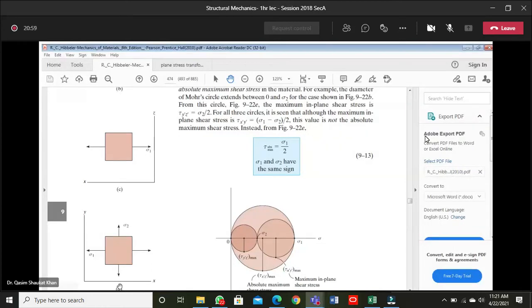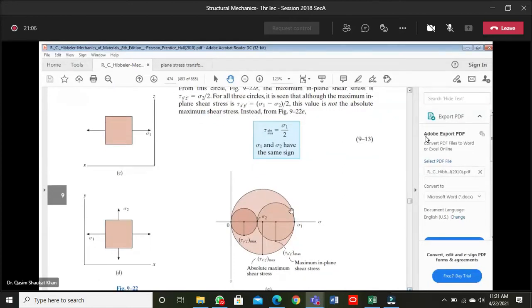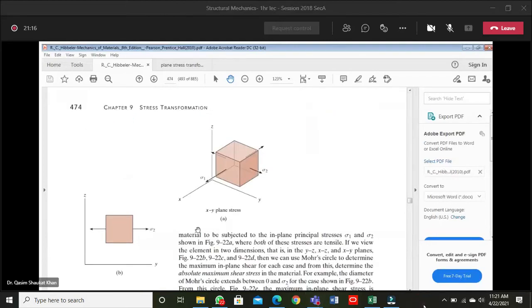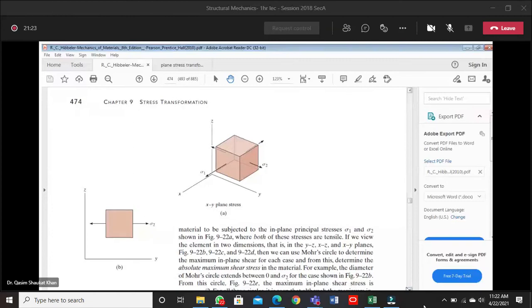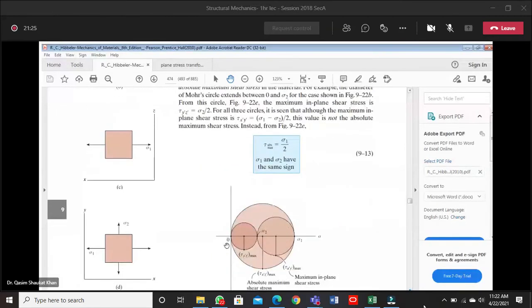Then they have drawn these three circles. This smaller one is 0 and sigma 2, that is basically representing this scenario. And this is represented as tau y dash z dash, maximum in-plane shear stress in y and z axis.